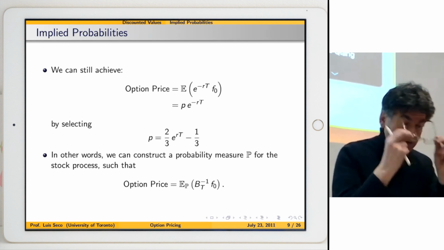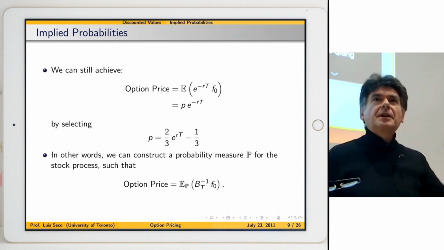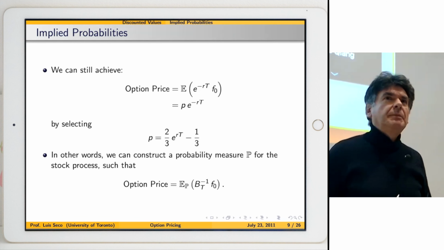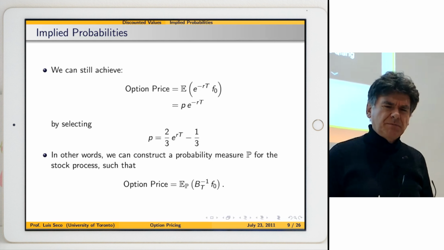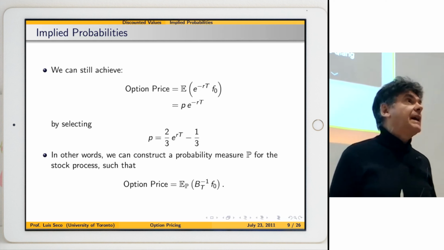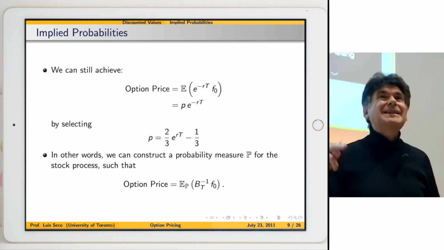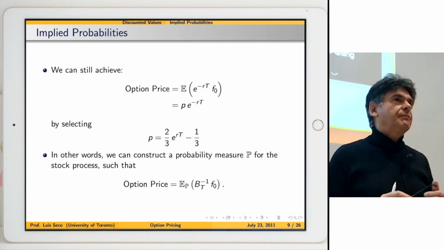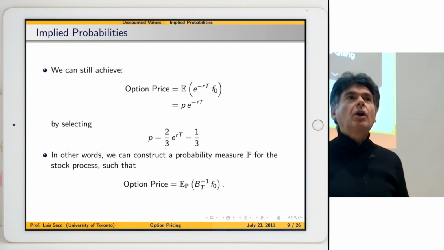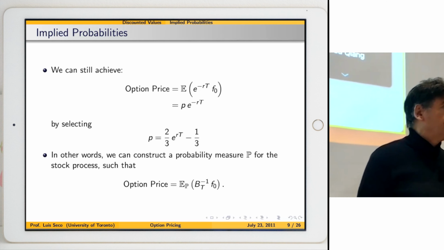Now, this is the definition of implied probabilities in our particular case. We already did it mentally earlier, but now I have the actual expression, the actual definition. If I insist on pricing my option as the expected discounted payoff, I have to discount. With interest rates being different from zero, I cannot say that the dollar I get tomorrow is the same as the dollar I get today, right?